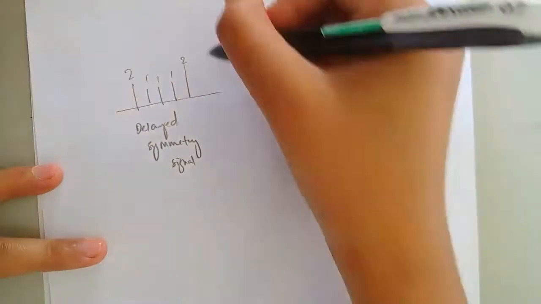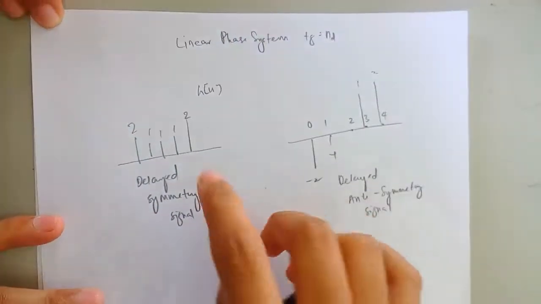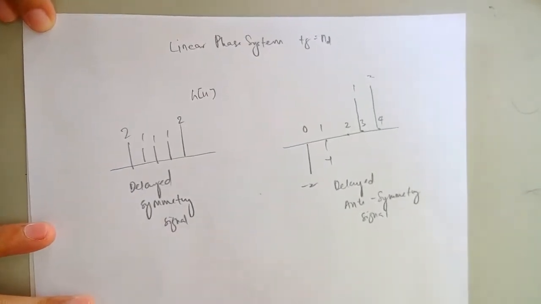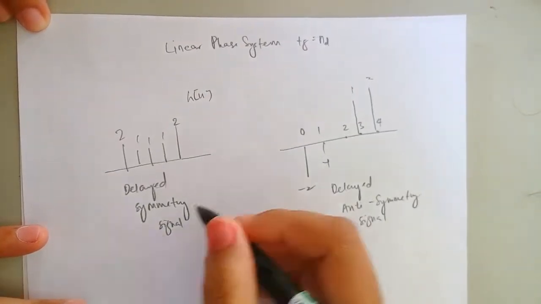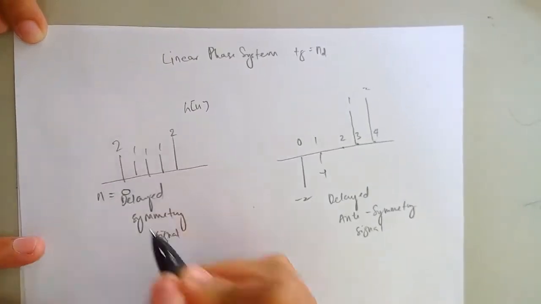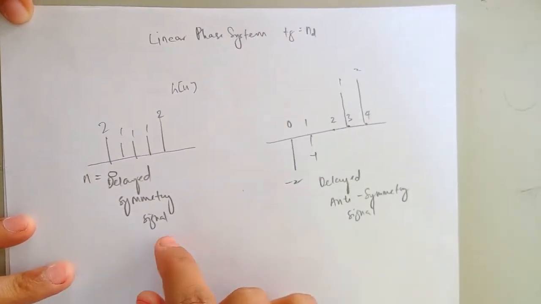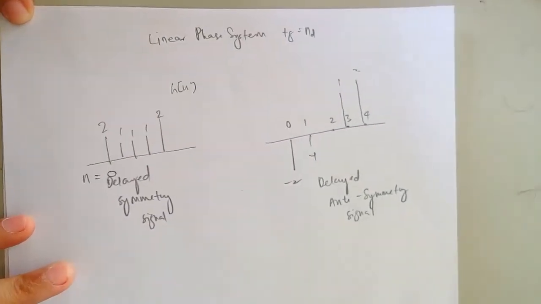To make sure the system is causal, the signal is delayed so that it will have non-zero value starting at n equal to 0. Thus, the causality problem in the zero phase system is solved.